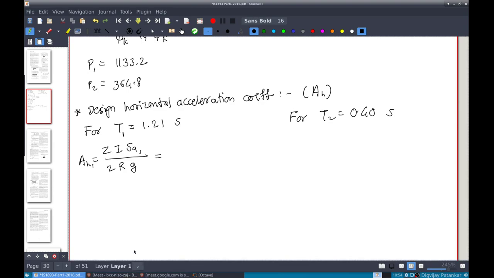So for Roorkee, in the IS code, on page number 11 you will find map 11 or 12 I think, and from that map you can see, or somewhere around the end you will find this table.